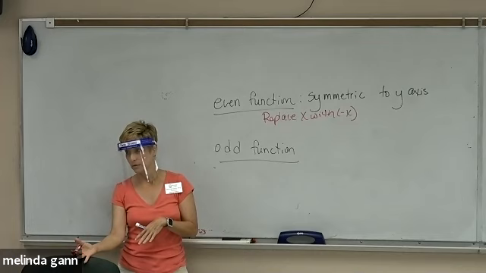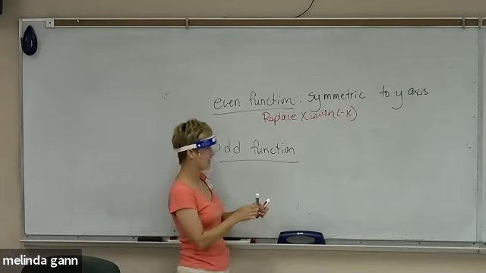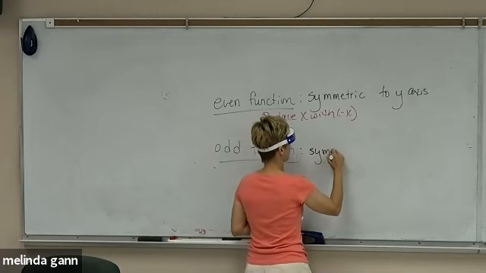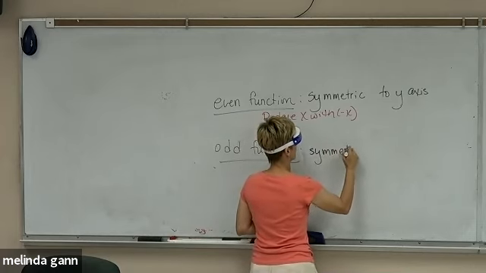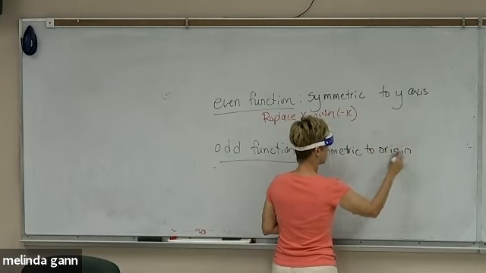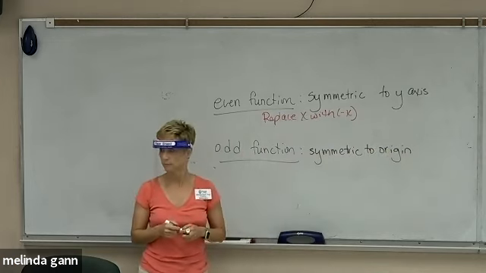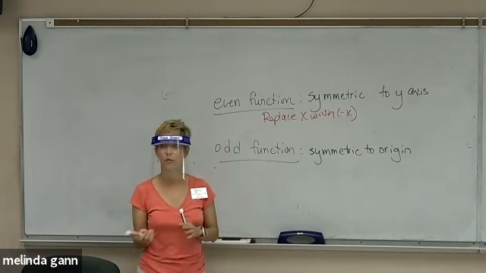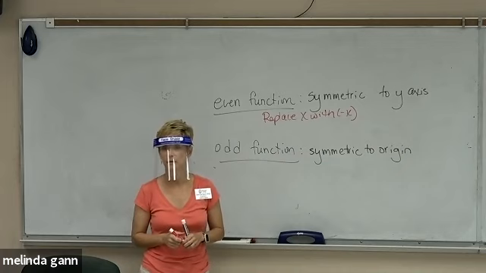I don't. All right, an odd function is symmetric to the origin. But remind me how we checked origin symmetry before. What did we replace then?